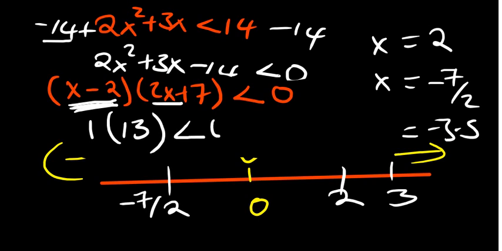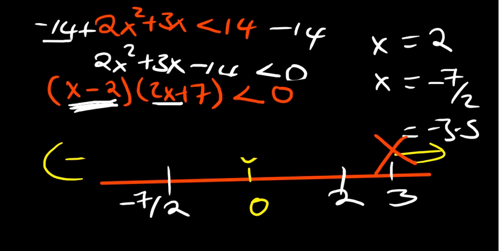So is 13 less than 0 or greater than 0? Greater than 0. So is this true or not true? It's not true. So we can say that part is refused, okay? So refused, agreed.